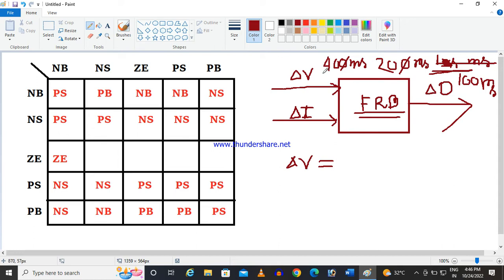But the ADC conversion is taking 40 milliseconds, and my fuzzy calculation in the microcontroller is taking 20 milliseconds, so a total of 60 milliseconds. Well and good, because it is within 100 milliseconds. Once the 100 milliseconds elapse, the duty cycle will change. By that time, if all this calculation and conversion is not completed, then that duty cycle will be blanked, or it will take the previous duty cycle, which is wrong.